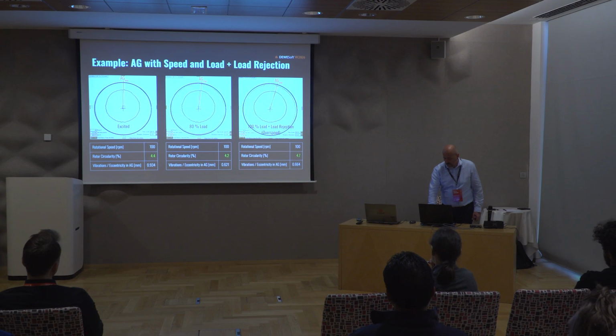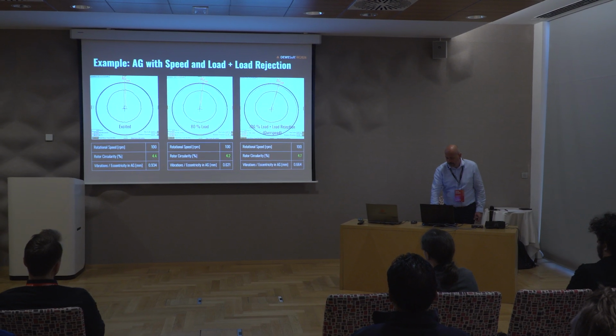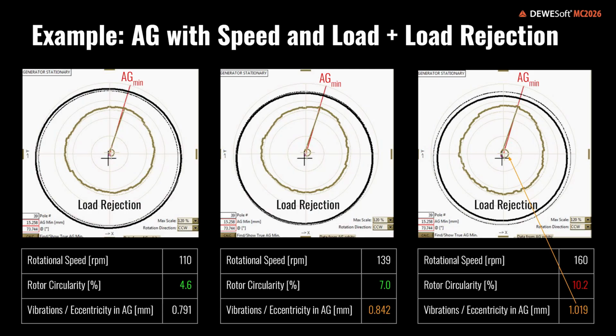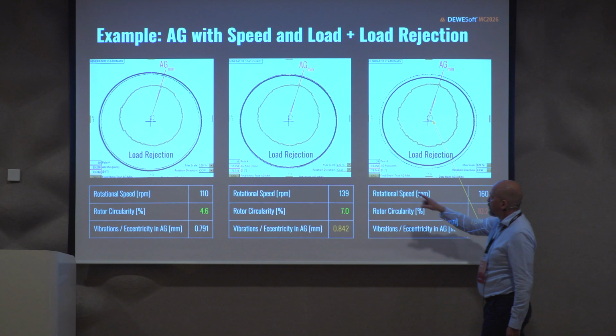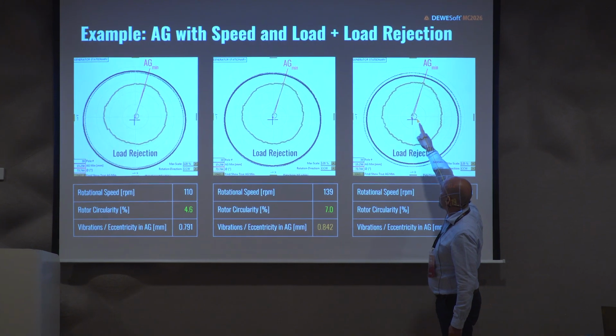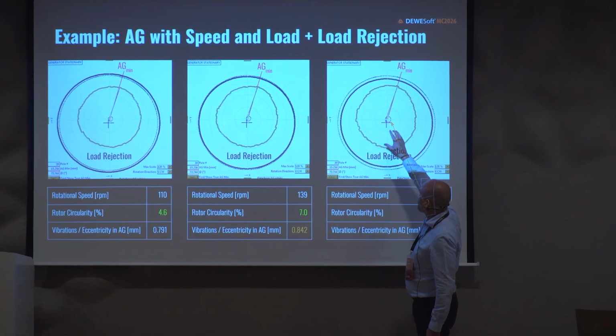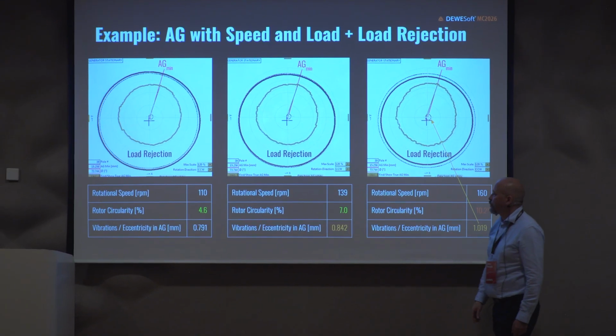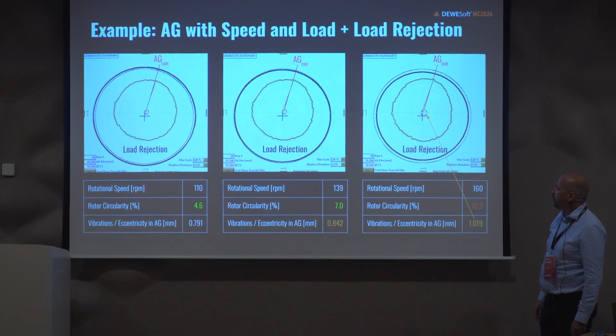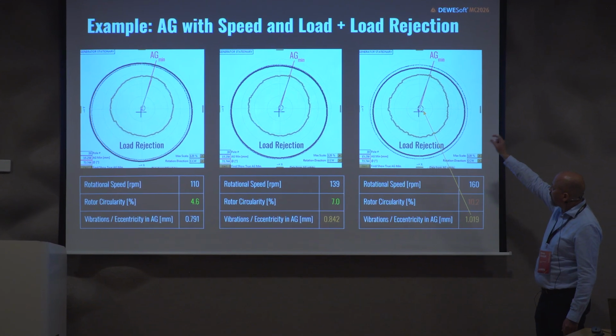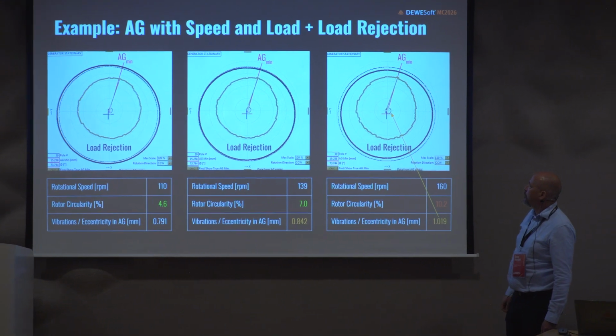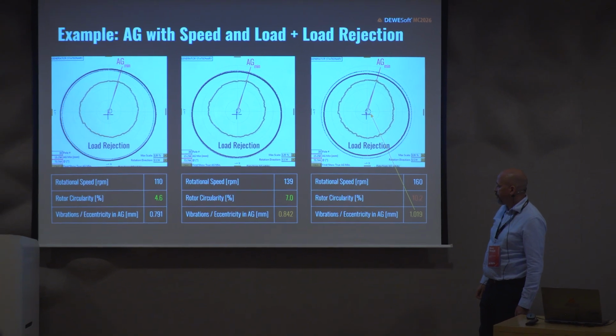So you will see now what happens when the unit increases speed. At 110 RPM, still okay, reasonably looking shape. You see also as it comes to 139 and then later at 160, the orbit within the air gap is increasing. And so we get all that from those first harmonics in the air gap, and we can say how close to actually hitting the stator it is.